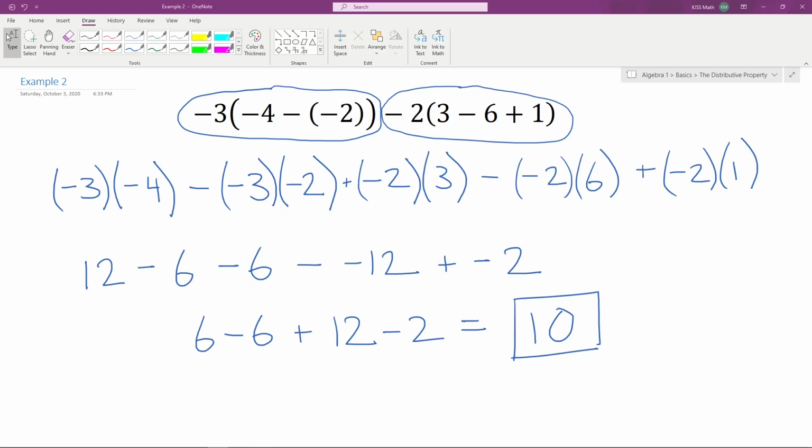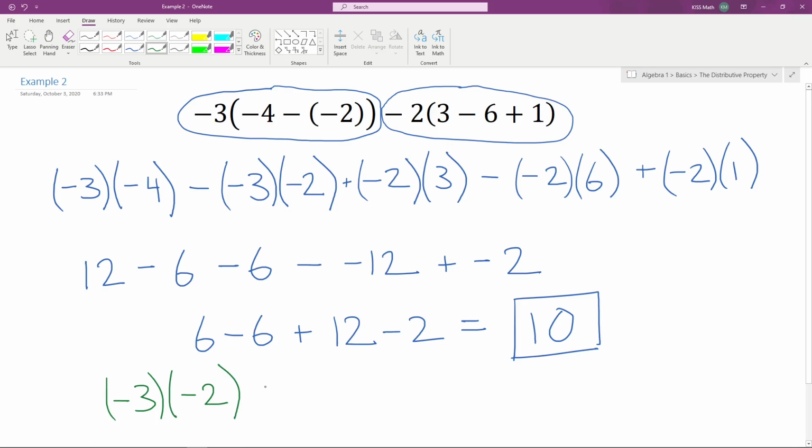Now I'm going to quickly check this answer, make sure I got it right, by solving this the other method, which is just evaluating this thing. So if we just do a -3 and evaluate what's in the parentheses, so a -4 minus a -2, that's the same thing as +2. So -4 plus 2 is -2.